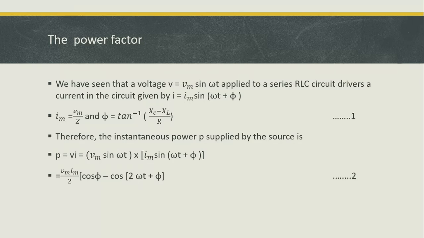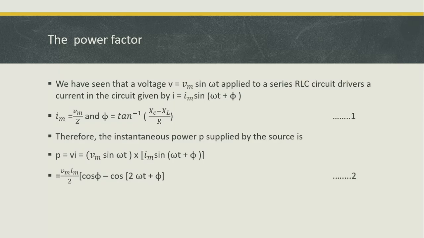Here Vm and Im come outside of the equation, and sin omega t into sin(omega t plus phi) is similar to 2 sin A into sin B, which equals cos(A minus B) minus cos(A plus B).